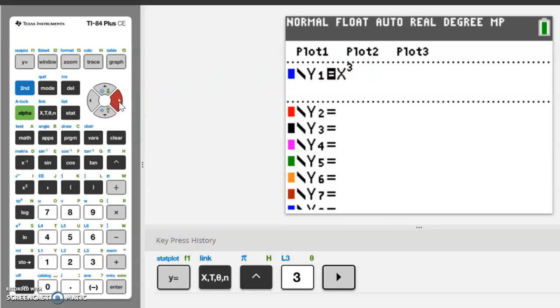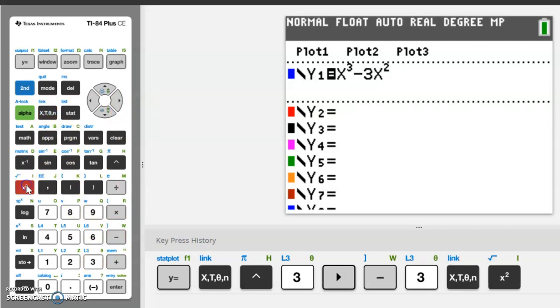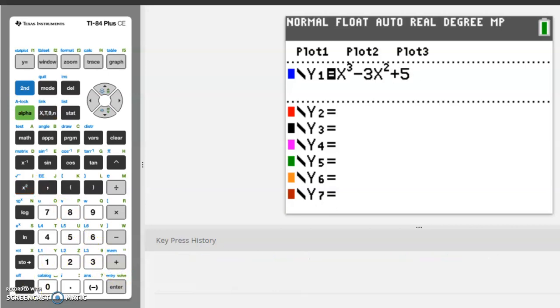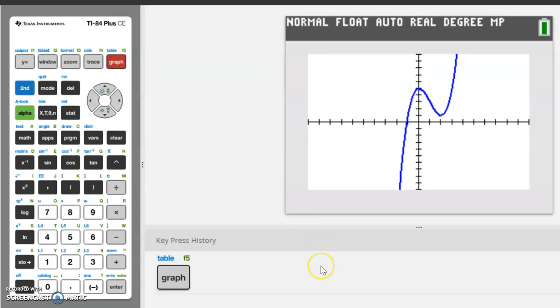We have minus 3x squared, plus 5. Once you have your function typed in, you can hit the graph button. You should see an image of the graph appear on your calculator.